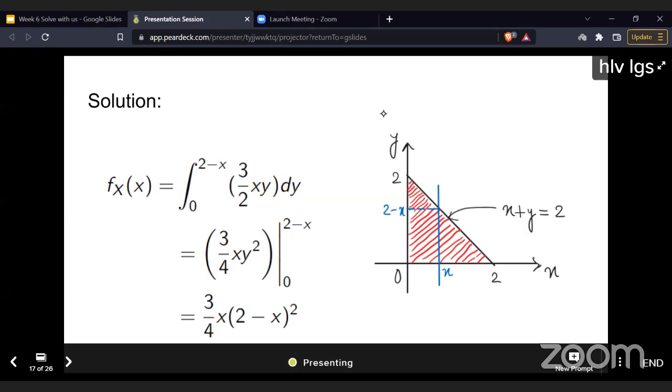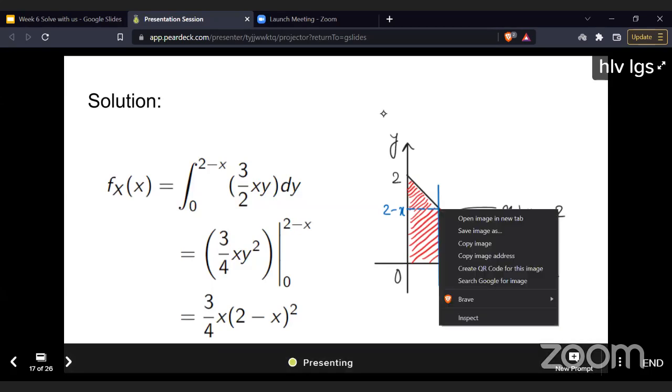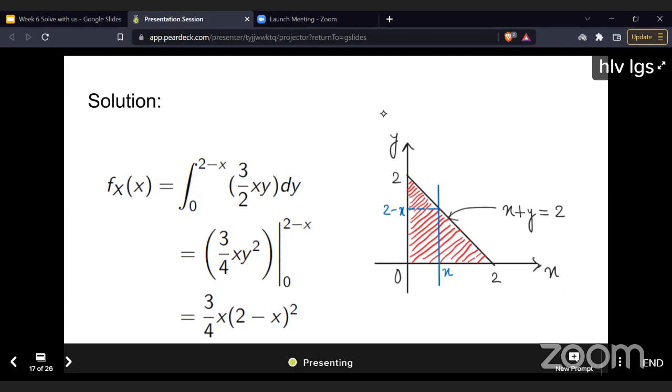For this particular x, this is your y, 2 minus x. What is this point on the line? On the line x plus y equal to 2, if you have taken x to be x, this point is y equal to 2 minus x. This is what I've written. So your y is varying from 0 to 2 minus x, right?